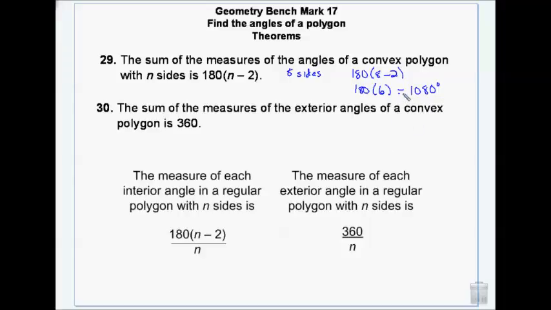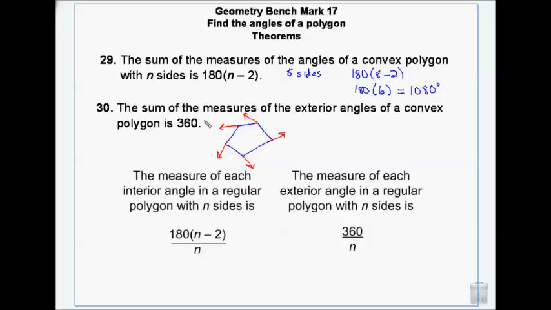If it's a regular octagon, it would have 8 angles, so each angle would be 1080 divided by 8. If it was irregular, we'd have to know some of the angles to be able to find the other ones. Okay, if you take the exterior angles, so if we have a shape like this, the exterior angles are all of the ones that are extending outward like this.